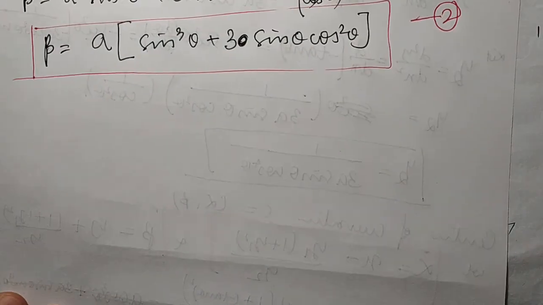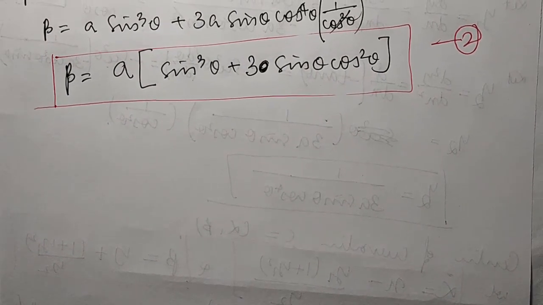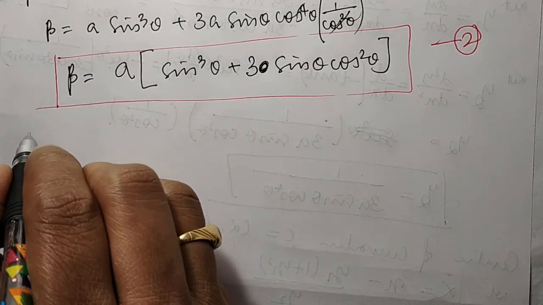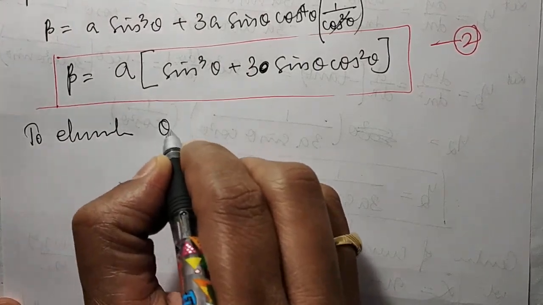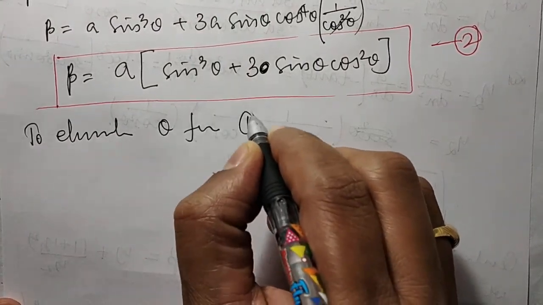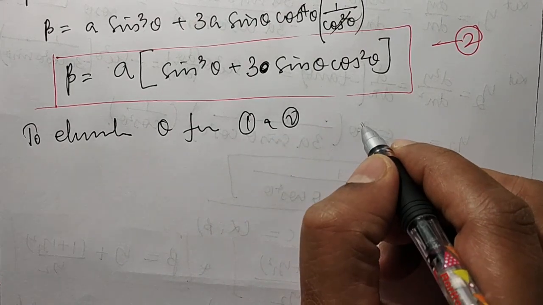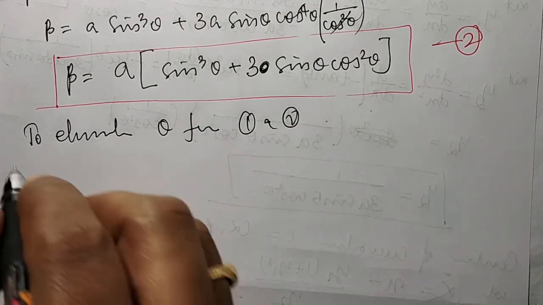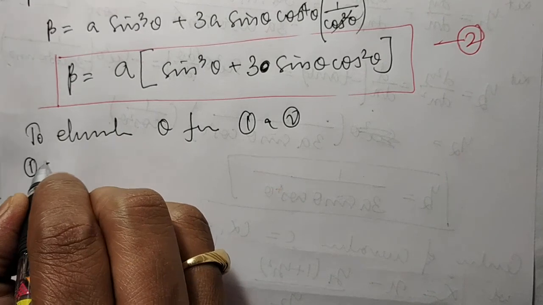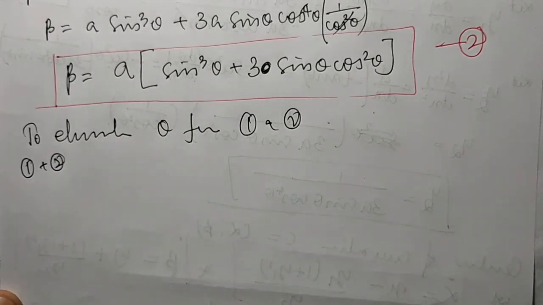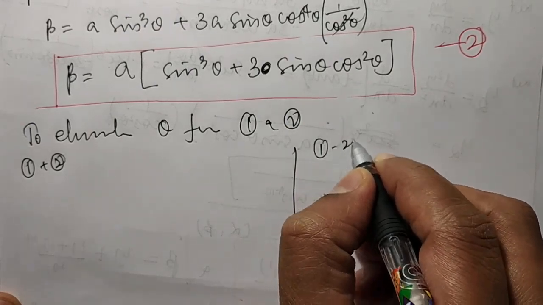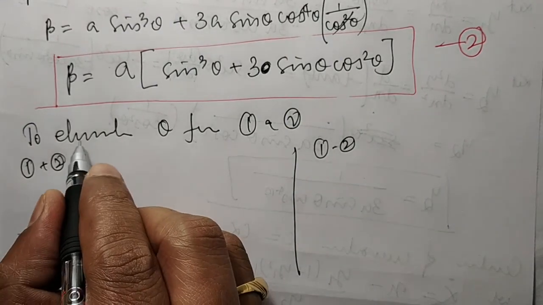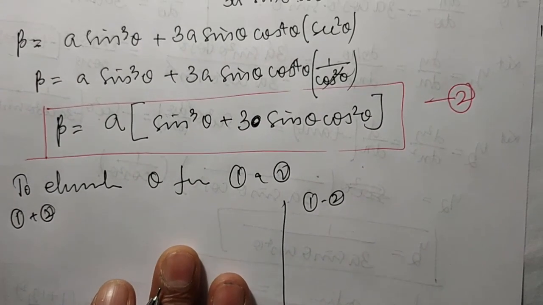Okay, so let us please concentrate here, then how best it can be simplified, to eliminate theta from equation number 1 and 2. Fine. What to do? First, add equation number 1 and 2. Let us see what happens. Then we take equation number 1 minus 2.